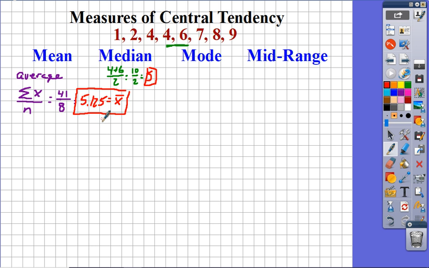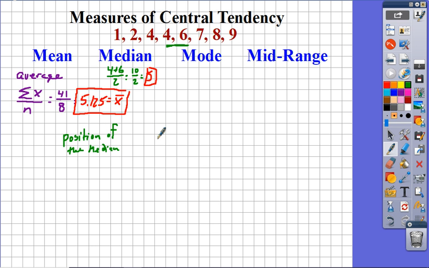The other thing I want to share with you about the median is a formula called position of the median. Let me write that down here. Position of the median. And it's a way to find where the middle number should be, especially when we have a large set of numbers to work with.